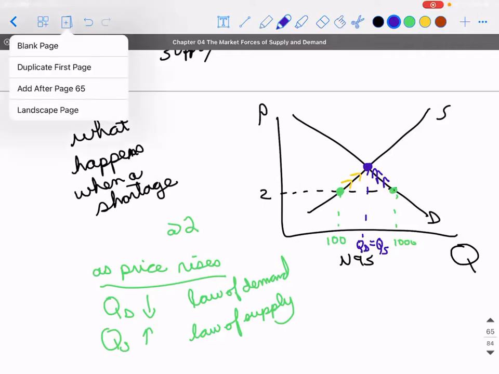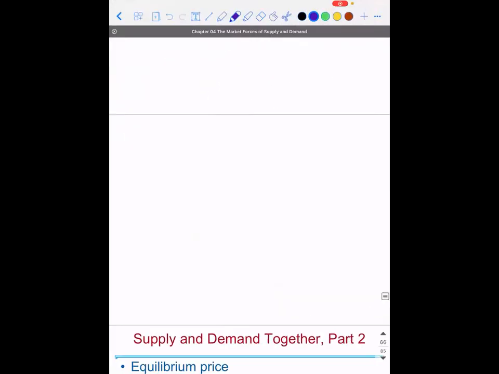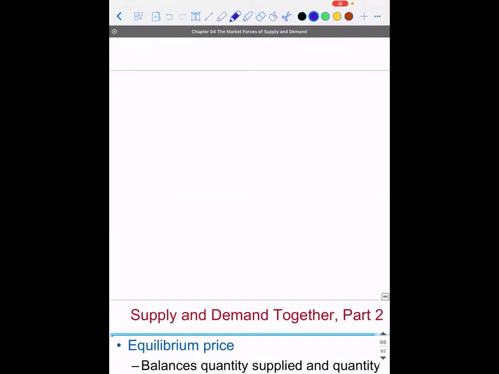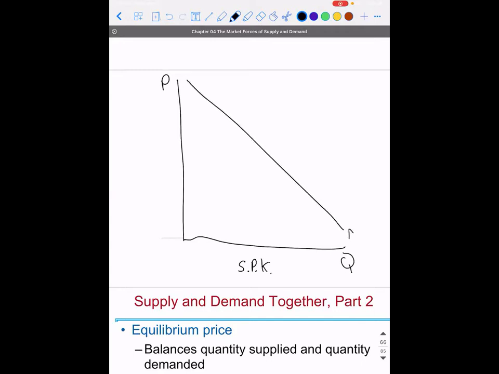Which means if you want the really, really, really good tattoo for this course, well, it would look something like this. We call this price high.